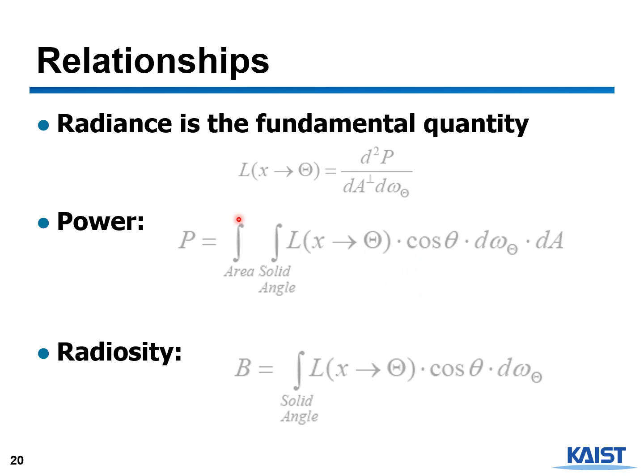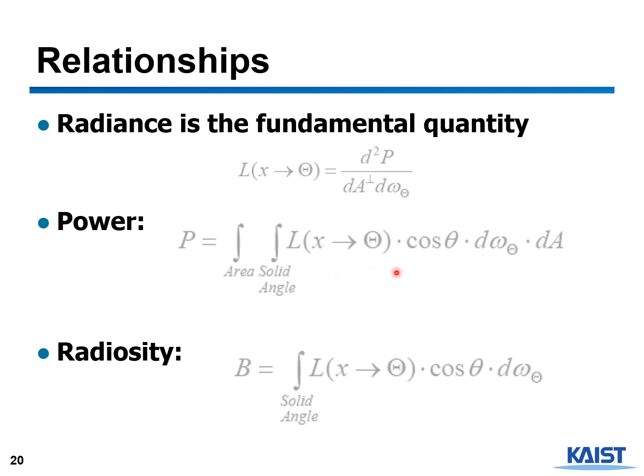Based on the radiance, we can also derive power and radiosity. I didn't really define the power, but the power is nothing but the integration of this radiance over all the solid angle and over all the area. That's why we have this kind of integration based on the radiance value.